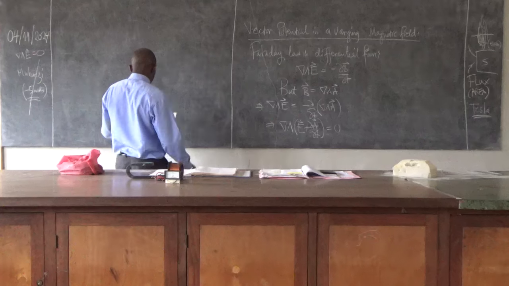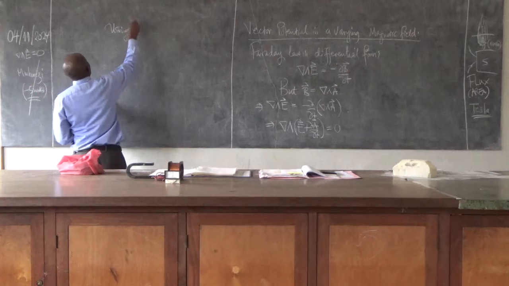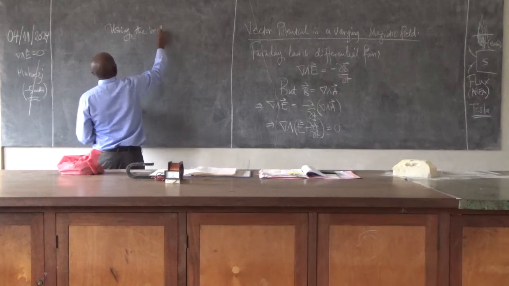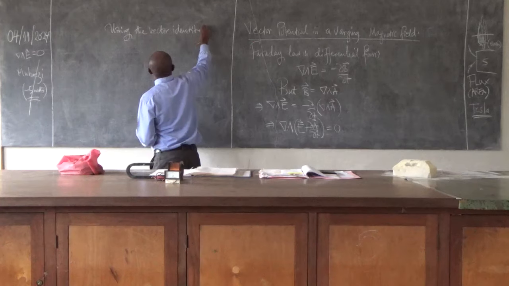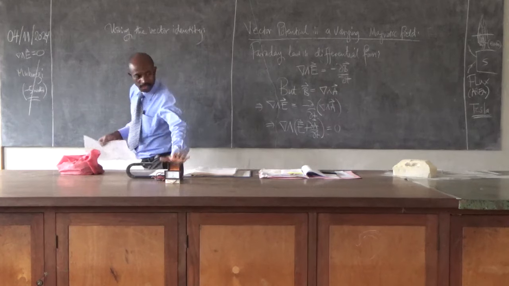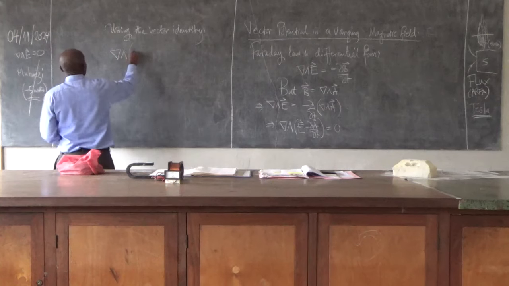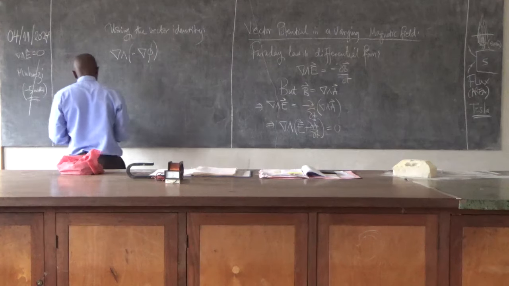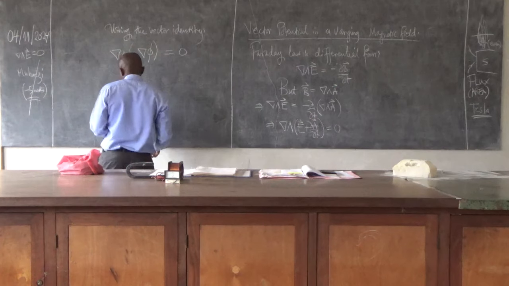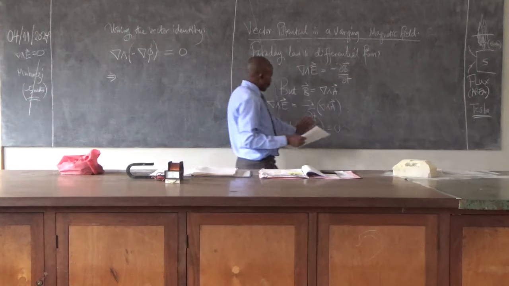So this would imply that, using the vector identity, the curl of minus the scalar potential is equal to 0, then this would imply that this inner here is the same as here.